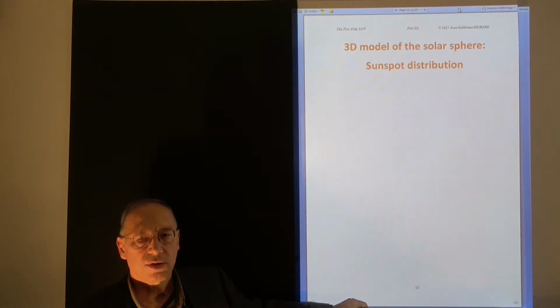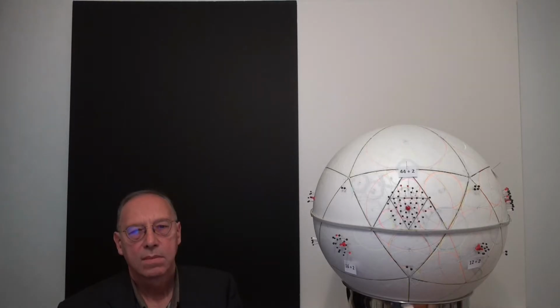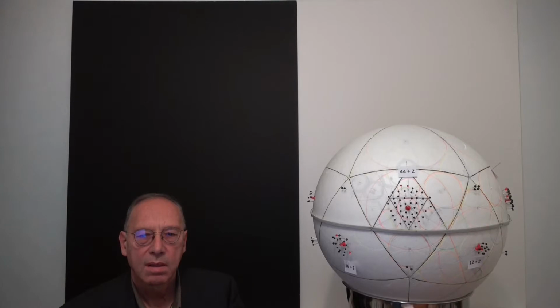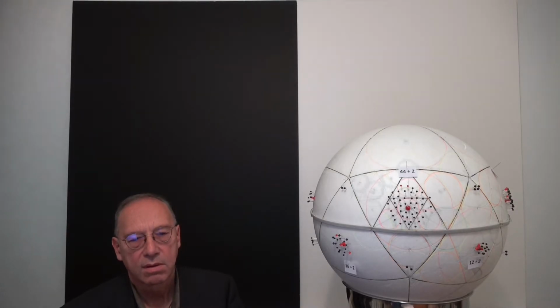We will now show on the 3D model how this distribution translates in the 3 dimensions. So this is the 3D model which you saw a couple of times before in earlier videos. A spheroid comparable to the solar ball, on the surface of which are now drawn the edges of a concentric icosahedron.